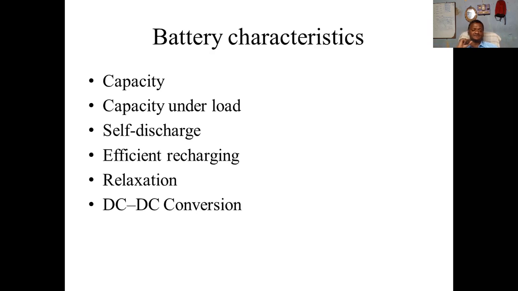Next is relaxation. What is relaxation? Suppose we are expecting that a single battery is sufficient. But what happens if the battery is totally consumed, with no charge? Then your sensor is not working.